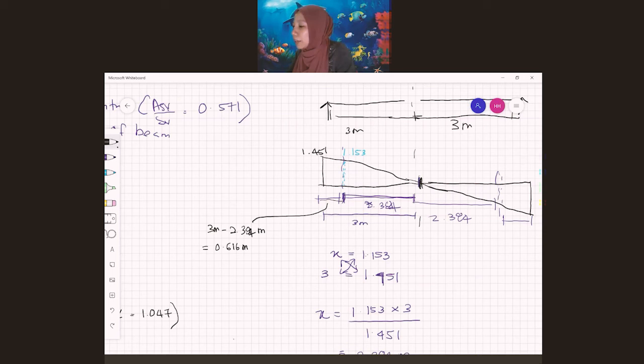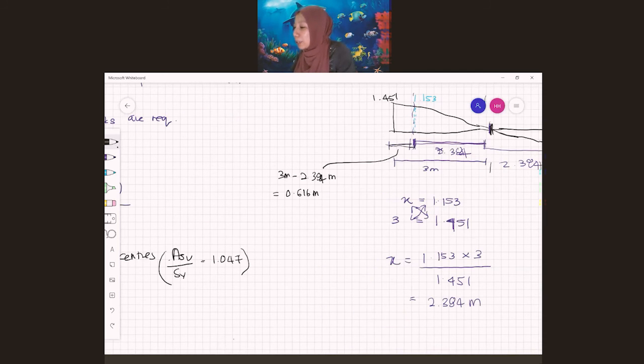So maksudnya balance yang ni 0.616 meter ni awak kena letak R10 spacing 150. Okay. Yang 2.384 ni awak pakai R10 tapi spacing dia 275.